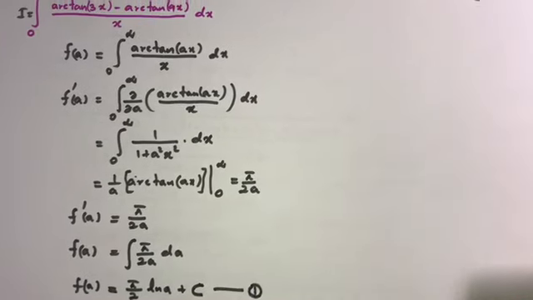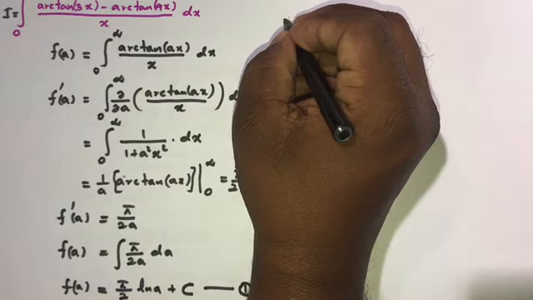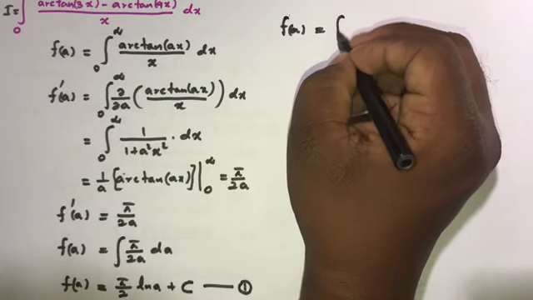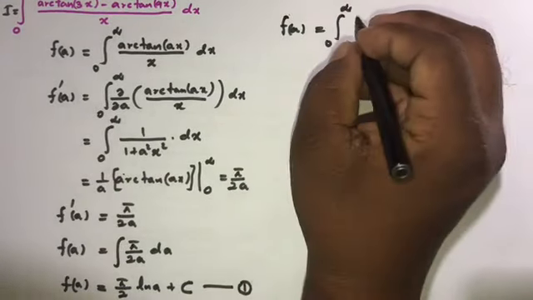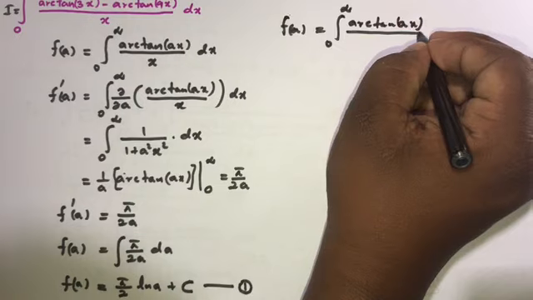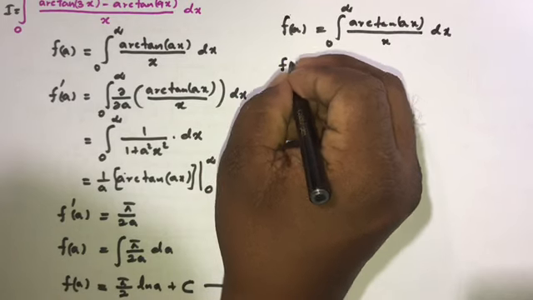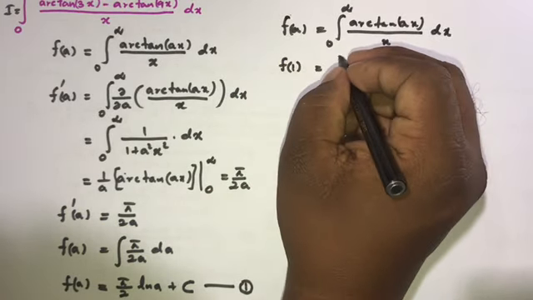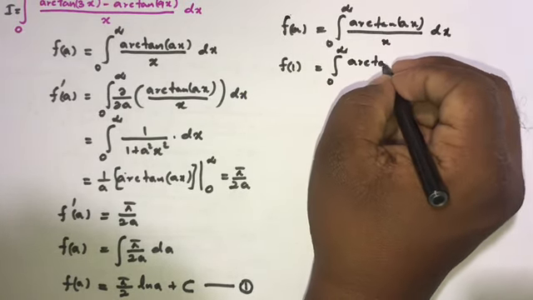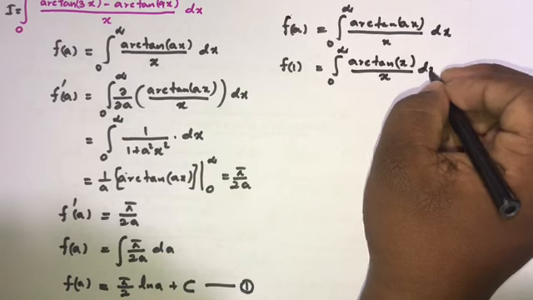Okay, then we know f of a is equal to the integral from 0 to infinity of arctan of ax over x dx, and if we take f of 1, f of 1 is equal to the integral from 0 to infinity of arctan of x over x dx.